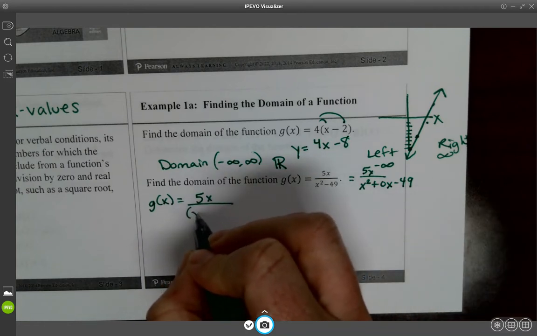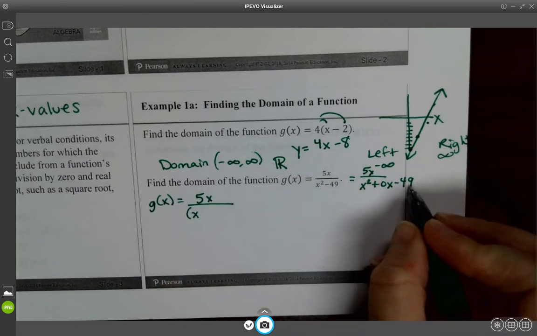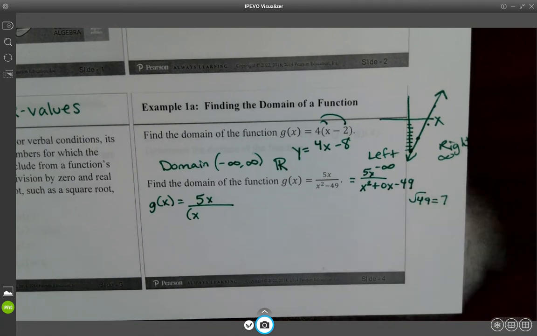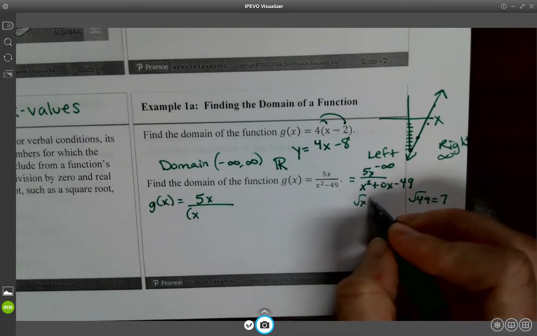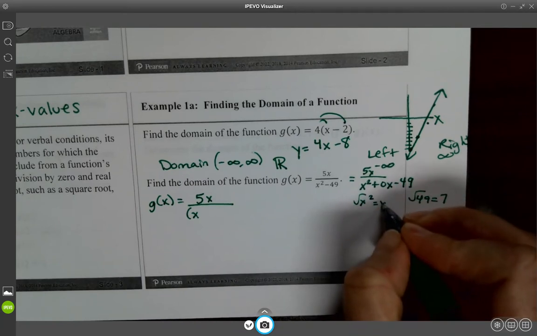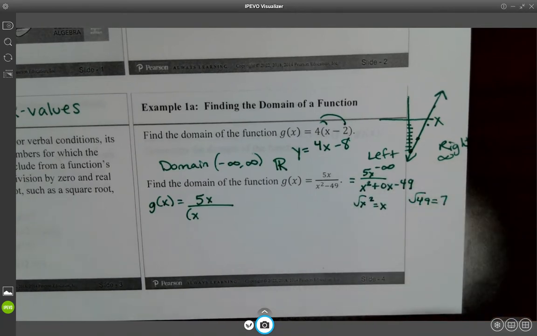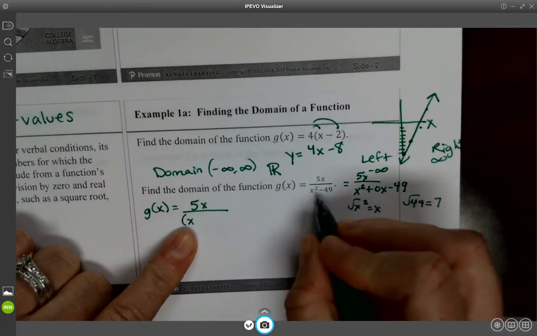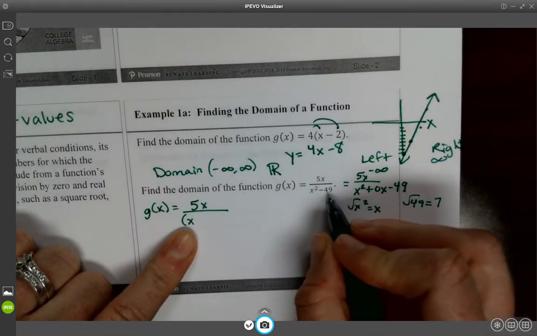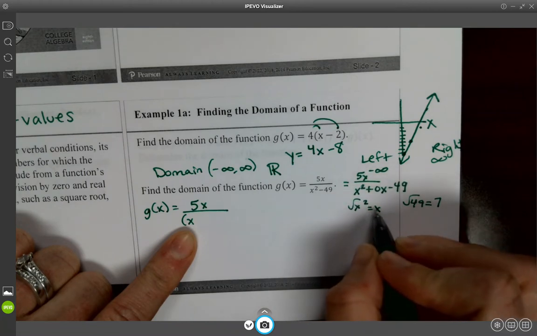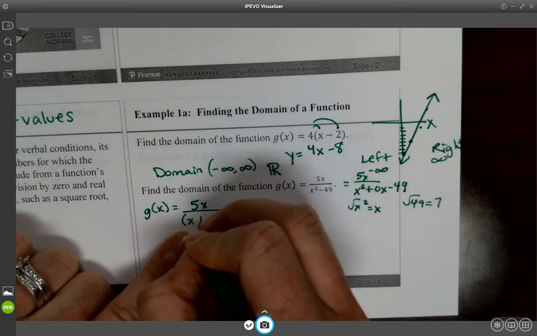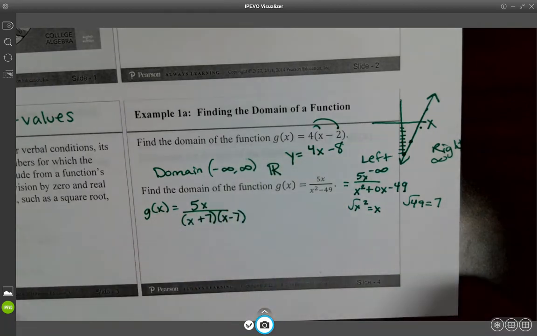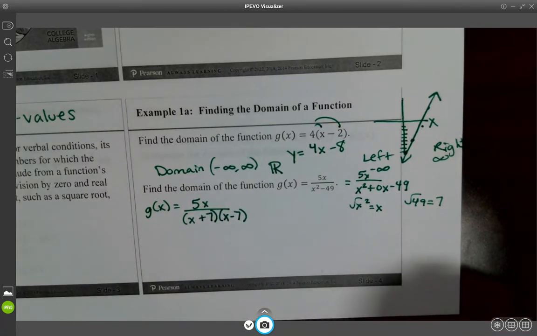So this will factor down to, what's the square root of 49? 7 and negative 7. Square root of x squared is x. So the difference of squares would be, this is a square, this is a square. There's the difference of the squares. And so we would put x plus 7 times x minus 7. And so that's the factoring.